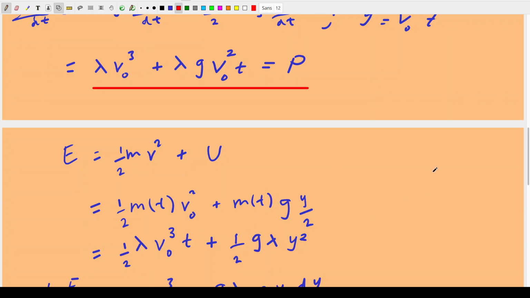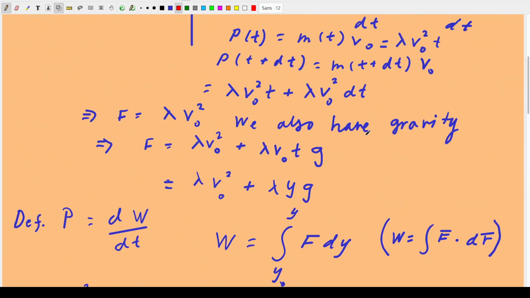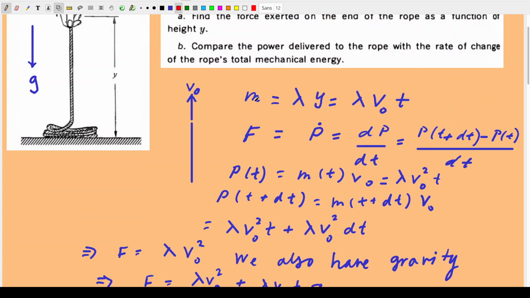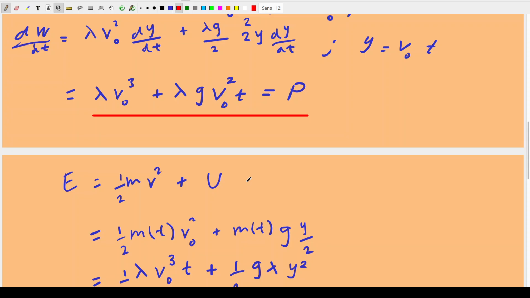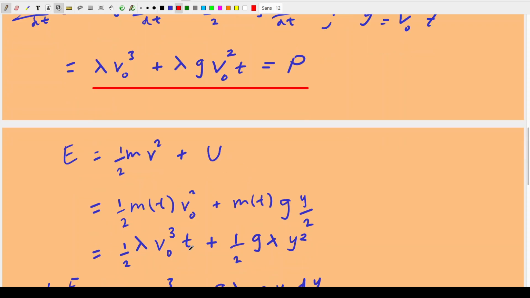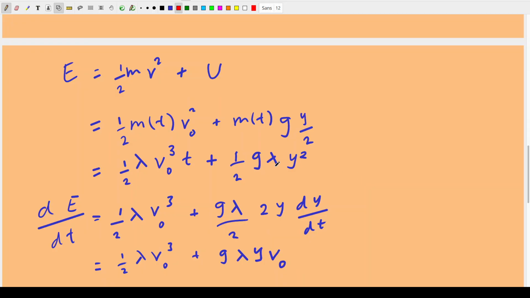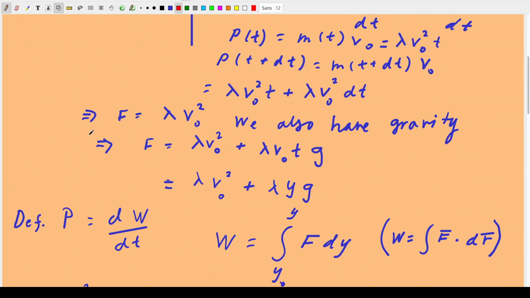That's for a particle, but for a rope, the height is the center of mass height, i.e. y over 2. And m of t we can get from up here. So we put it in and make the calculation.